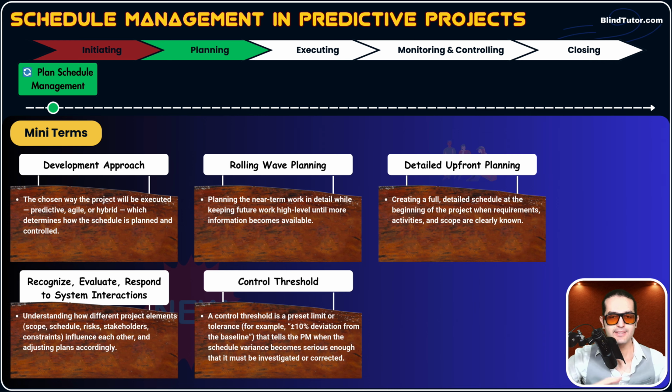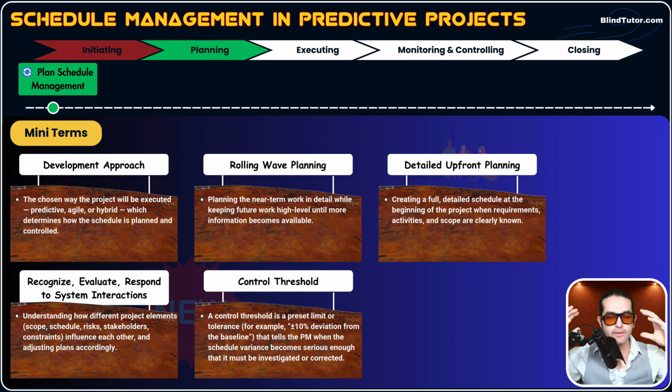We're saying if it is completed in 110 days, it's okay. We're accepting it. But if it passes 110 days, it is not acceptable. It is out of our control threshold. It's bad, dangerous, signals a major issue in our project. So control threshold is our limit or tolerance of the stakeholders and the project.